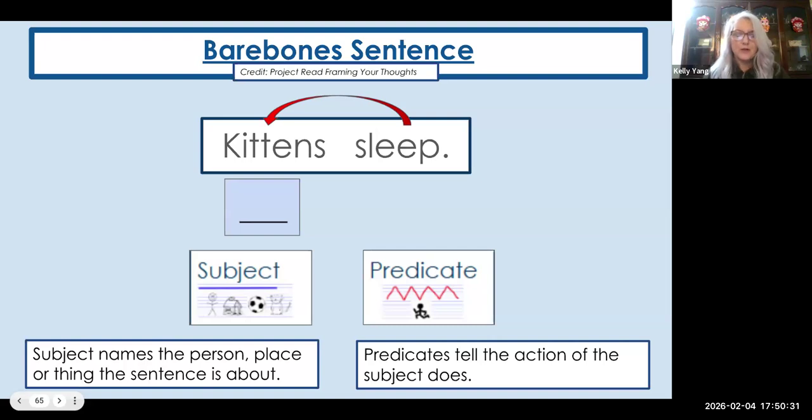This is what we use in our district. We use a line for the subject and those little mountains for the predicate. I like to always have the person, place, thing, or animal under the subject, and I do that little person running for the predicate action, and I think that anchors the concept for the students.